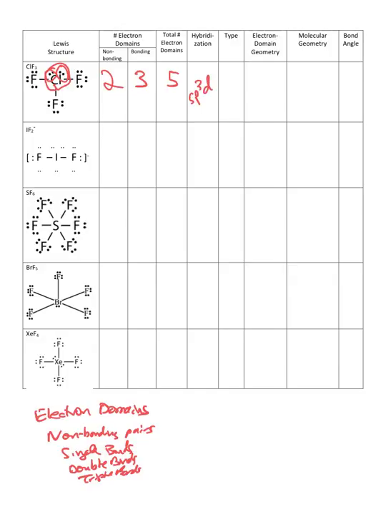It has electron domain geometry of being trigonal bipyramidal. And it's a type of molecule that I'm going to call AB3E2. Where A represents the central atom, B is the 3 peripheral atoms, and E2 shows that we've got 2 non-bonding pairs of electrons in the central atom.